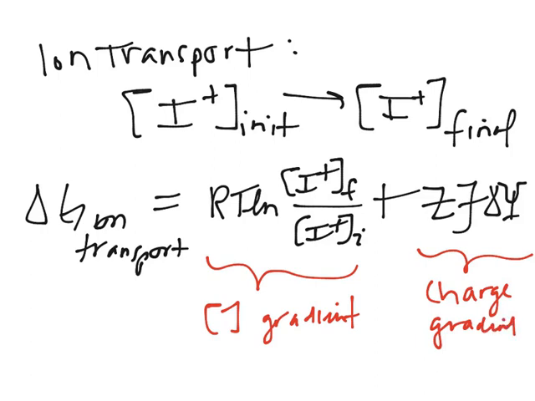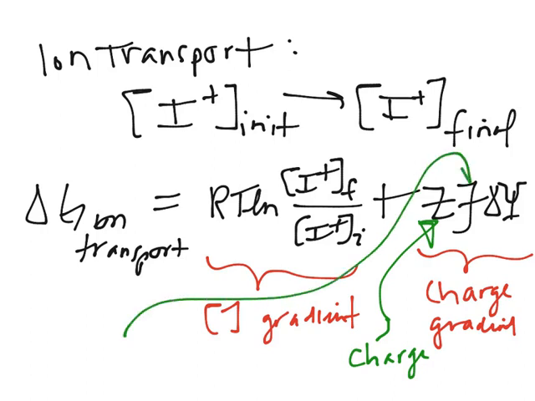So Z here, this is the charge on the solute. So for example, if it was a sodium cation, the charge would be +1. If it was a chloride anion, the charge would be -1. F here, that's Faraday's constant. That's 96,480 joules per volt mole. So that's the constant for moving a charge.